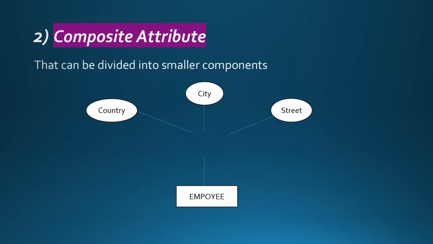Second type is composite attribute, an attribute that can be divided into smaller components. Like employee is an entity class, address is its attribute and address is divided into smaller components: country, city and street. This is called a composite attribute.